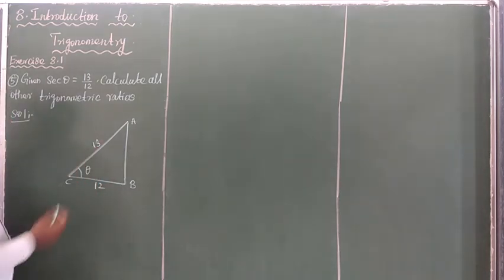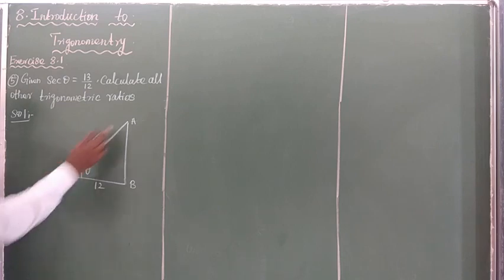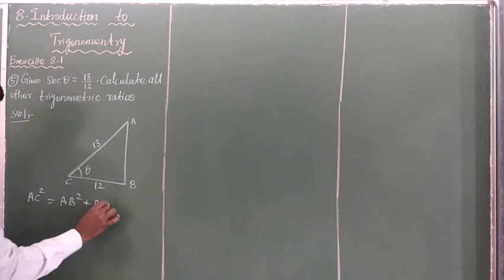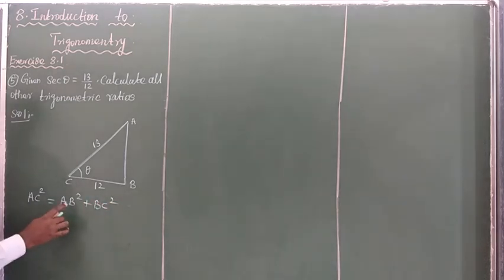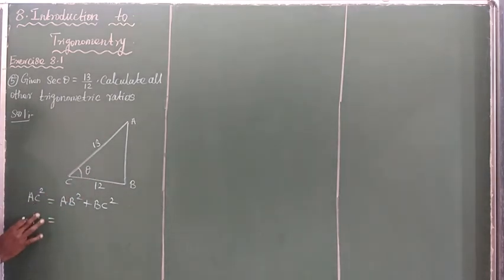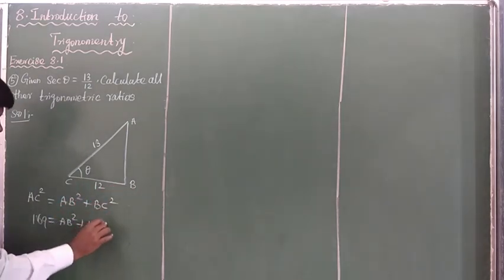Okay, using Pythagoras theorem. What's the concept? AC square equal to AB square plus BC square. AC square, that's 169. AB square, I don't know, that's the meaning of AB square. Plus BC square, it is 144.